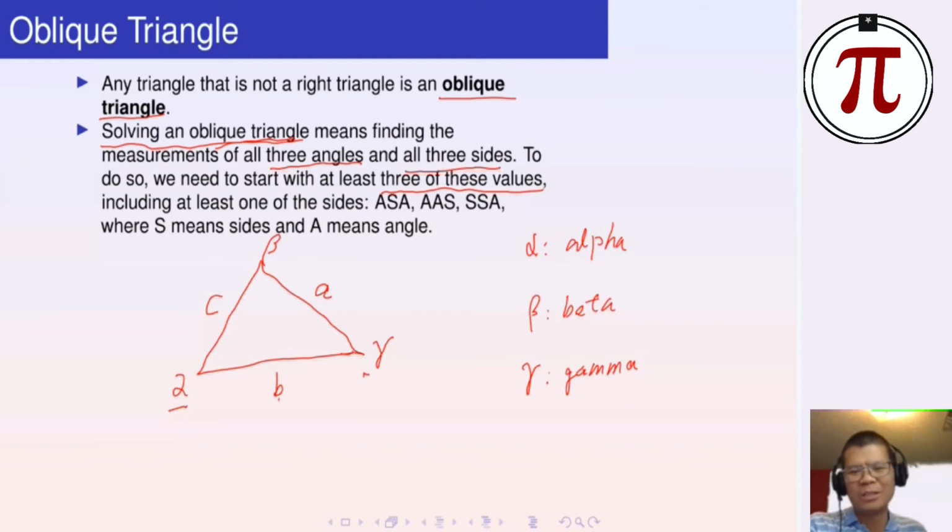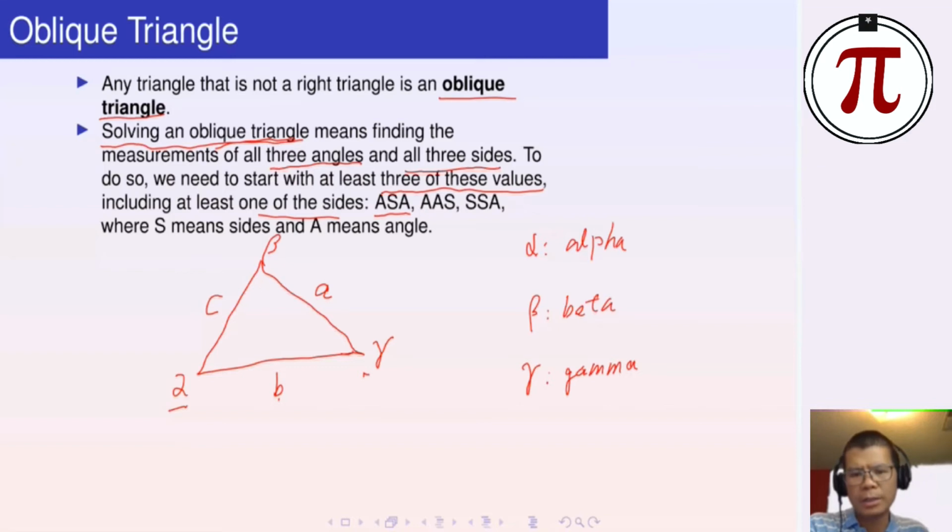You do not know the length of the sides. They can be similar to each other, but you do not know the size, right? So you need to know at least 3 of these values, including at least 1 of the sides.